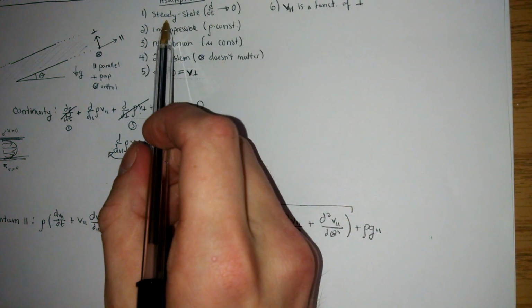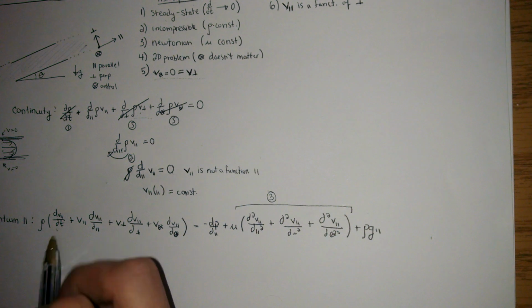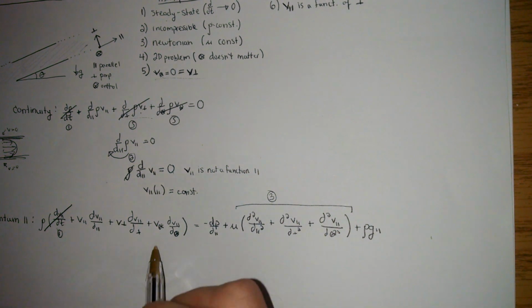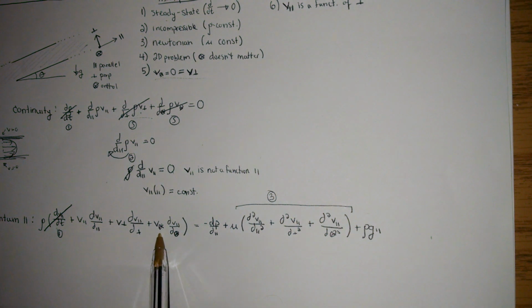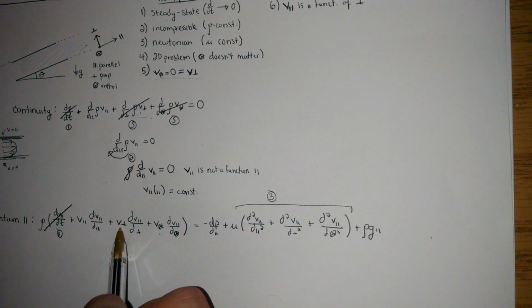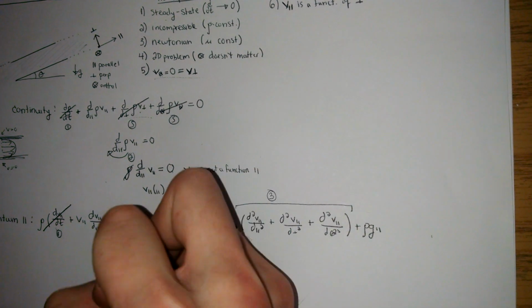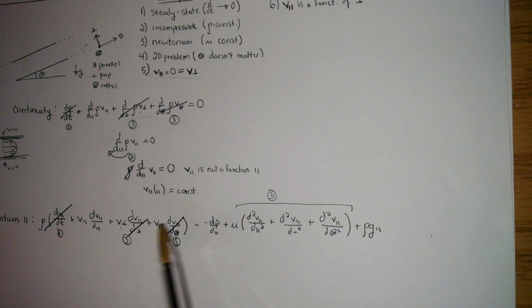So again, we're assuming steady state. This term's time dependent. We know it's going to go to 0. We also know we've assumed the orthogonal velocity and the perpendicular velocity to be 0. So we know that these two terms are going to go to 0 as well.